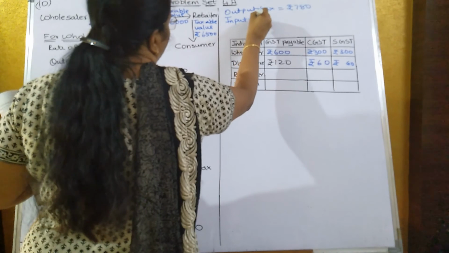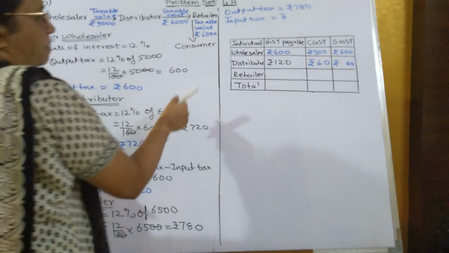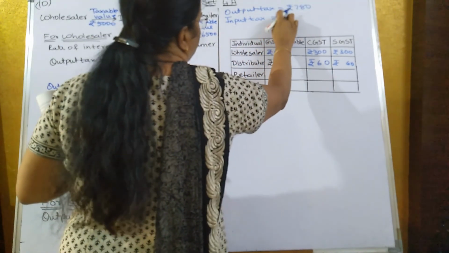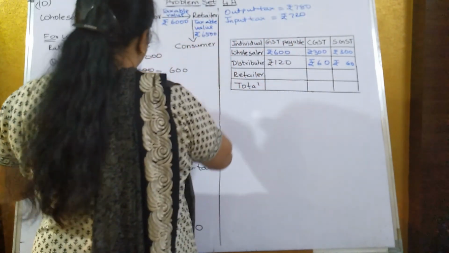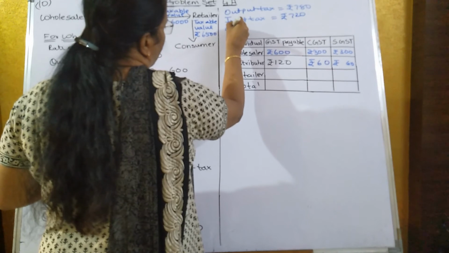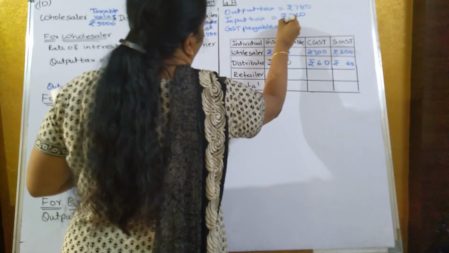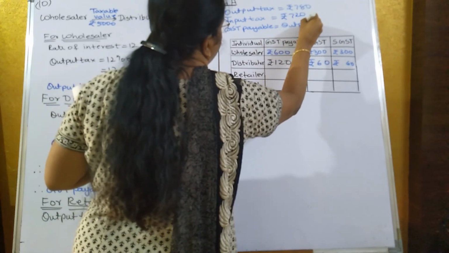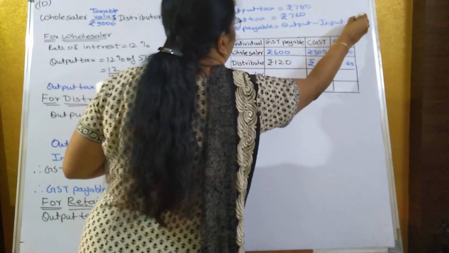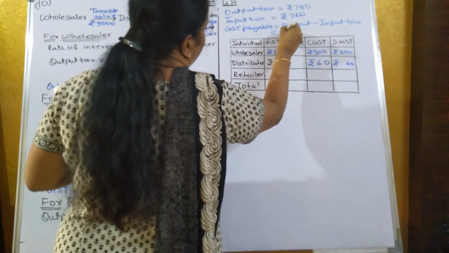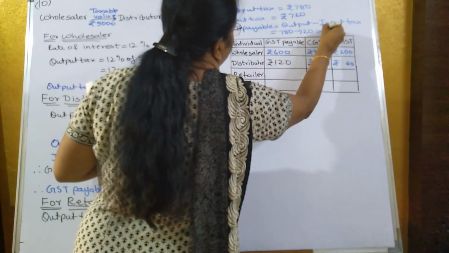Whatever is the output tax of the previous one, that is rupees how much? Output tax was how much? 720. So rupees 720. So GST payable is equal to output tax minus input tax, that is equal to 780 minus 720, that's equal to rupees 60.